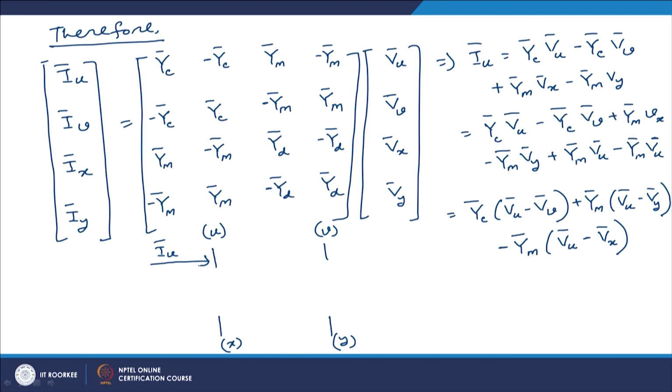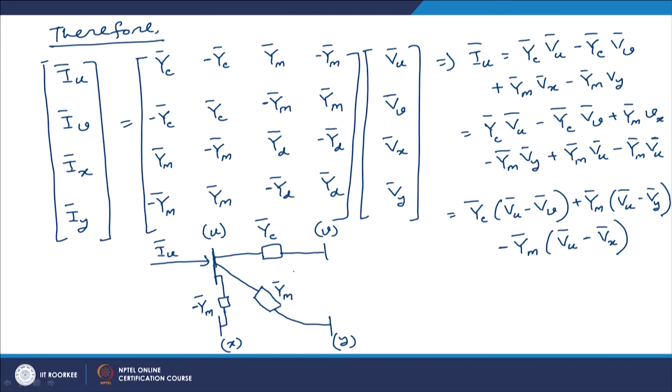So, from this, I have IU. Now I put YC here, and then I put between VU and VY the admittance YM, and between these two I put another admittance, minus YM.